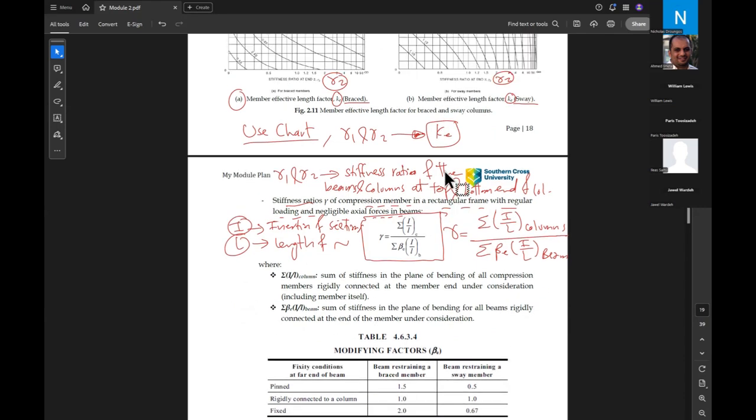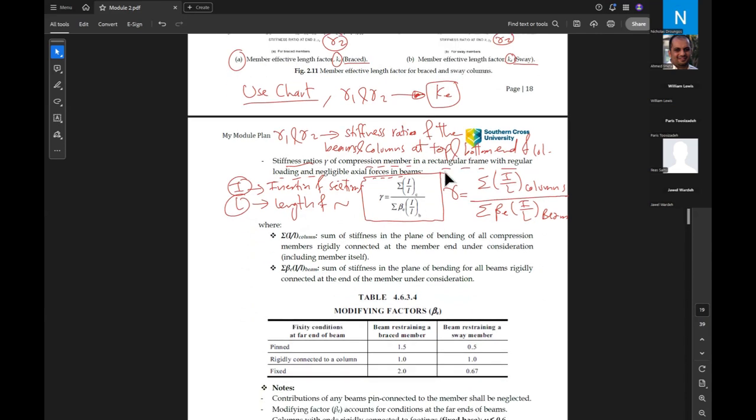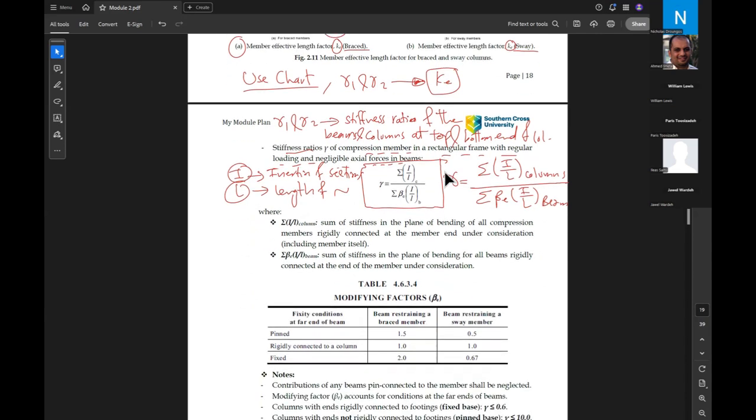The formula is the same for gamma 1 and gamma 2, just at the top and bottom end. Where gamma I over L for the column is the summation of stiffnesses in the plane of bending of all compression members rigidly connected at the member end under consideration.